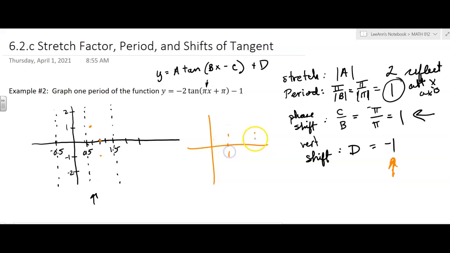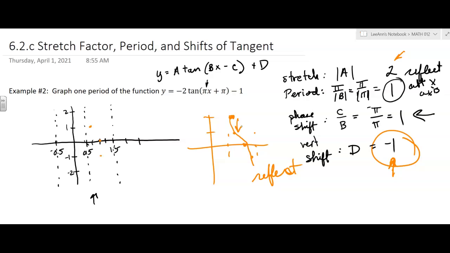Here are your asymptotes, and normally you would have had this point here and here. Now I've reflected it about the x-axis. This has a reflection, it's just missing the stretch factor. It won't be at 1 now because it's multiplied by 2, so it's going to be up here at 2. But because of the vertical shift down, it has to go back down to 1. I hope that makes sense.